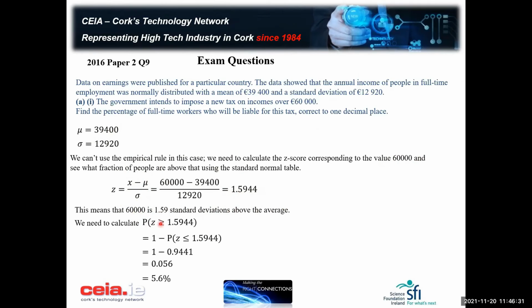And we want to find the probability that Z is bigger than this, because the probability that Z is bigger than this number is the proportion of people who are above this value. Looking at that, this is a greater than, so we need to use the 1 minus probability to convert from the tabulated value of Z being less than or equal to 1.5944. Let's look at our normal tables.